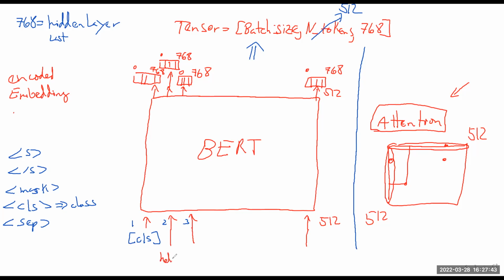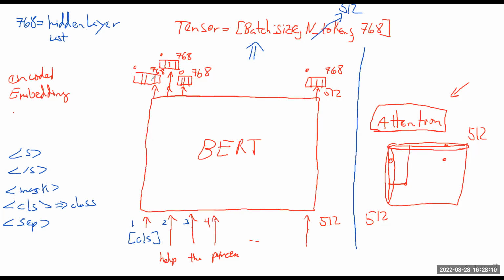So for instance, help the princess, and so on. You want to do something like that. So this is your input. And then what you're going to say is, for a generic problem, notice that the first embedding is the class.